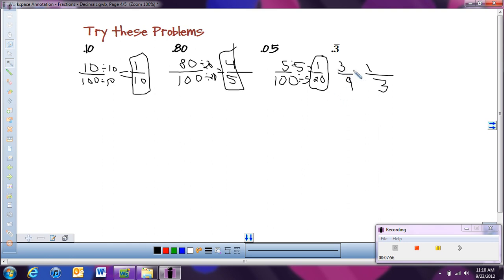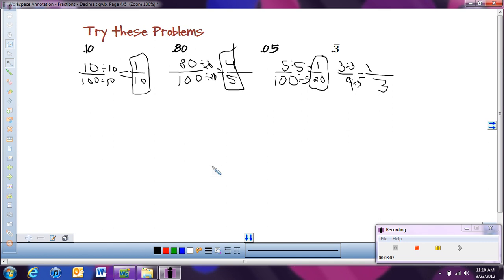And 3/9 will simplify into 1/3 because you can divide by 3 on the top, divide by 3 on the bottom, and get 1/3. So whenever you see one number repeated over and over again, the bottom number, the denominator, is going to be 9.